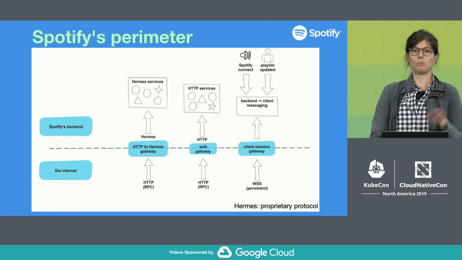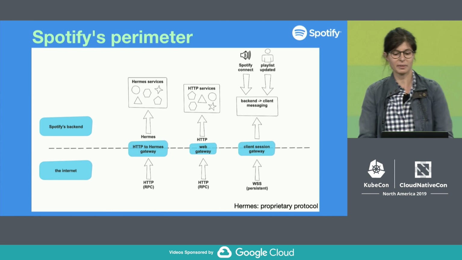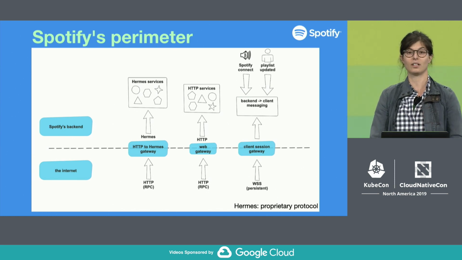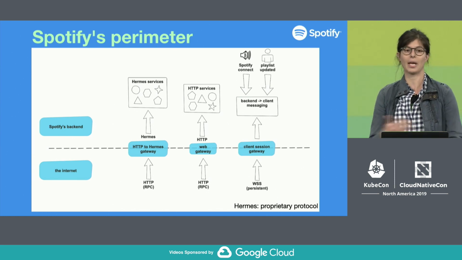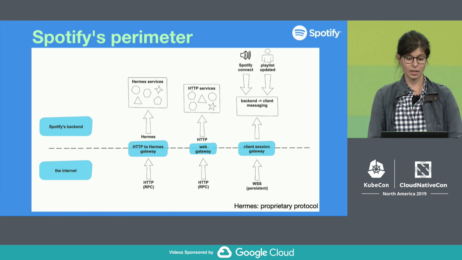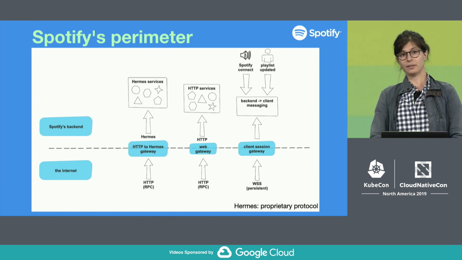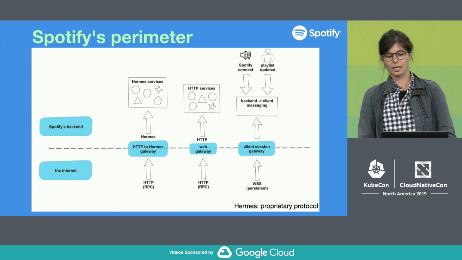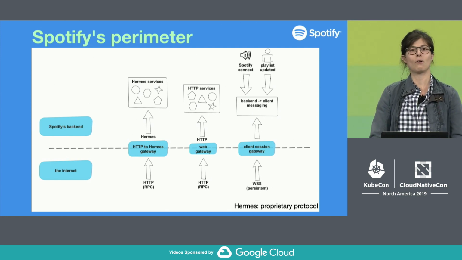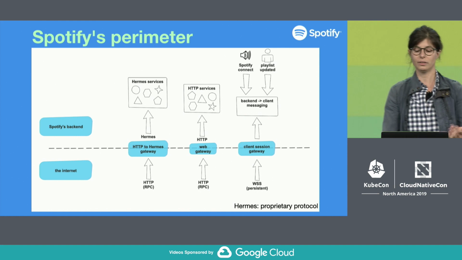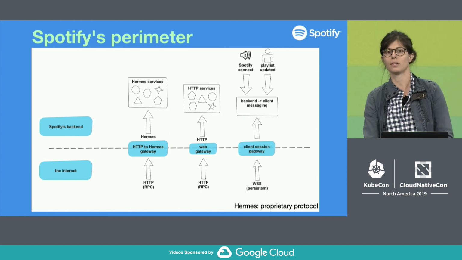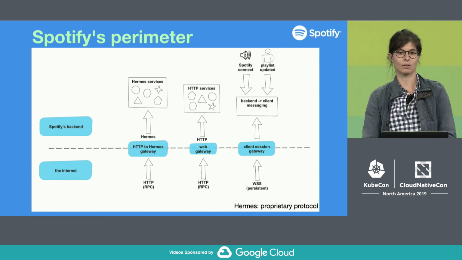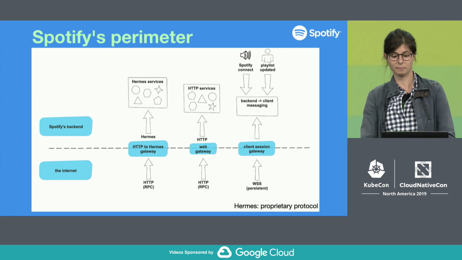This diagram is somewhat of a simplified view of our perimeter, but it still serves to illustrate the main use cases for the perimeter. The first one is represented by the vertical on your left-hand side, and it's to basically allow HTTP clients on the internet to communicate with backend services that only understand Hermes.